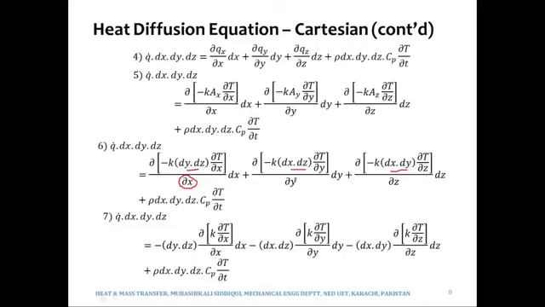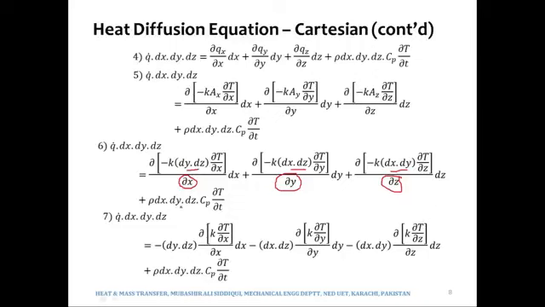And then since over here we are differentiating with respect to y, therefore x and z will be taken out of the differential sign, and we will be left with ∂/∂y of k ∂T/∂y times dy. Similarly, since we are differentiating with respect to z, we will take out dx and dy, and we will be left with ∂/∂z of k ∂T/∂z times dz, and the last term remains unchanged.